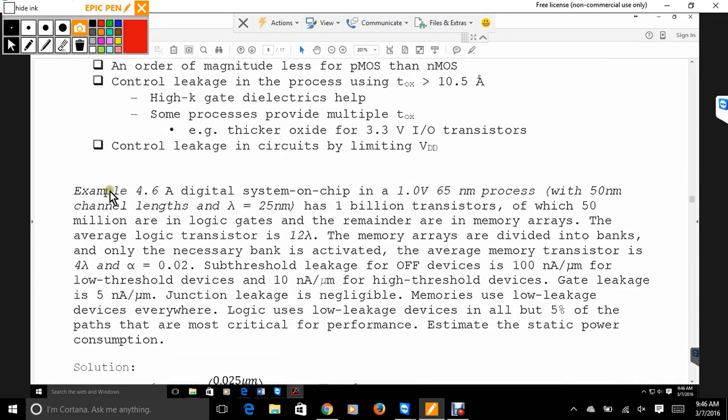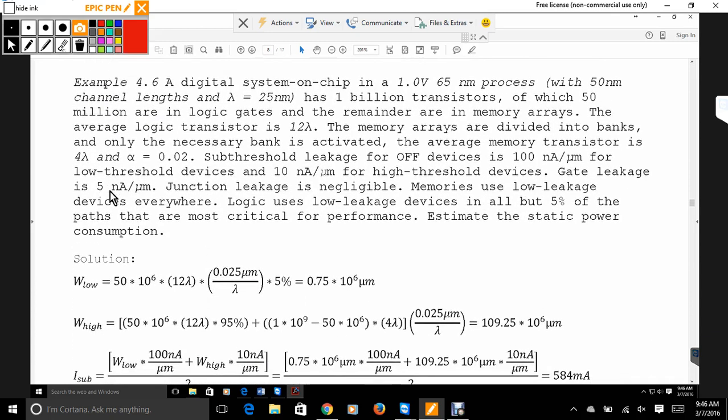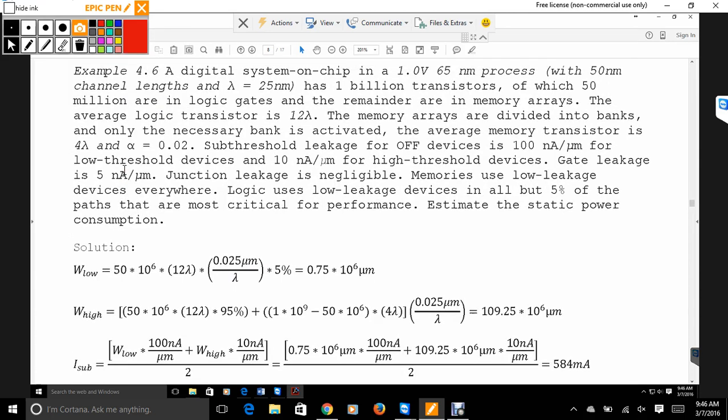So here we have a really big example question where we're going to tie in equations that you thought disappeared when we left section 3. They're back with a vengeance. This is building on an example question from before. You have a digital system on chip with a 1.0 volt 65 nanometer process. Remember, we have 50 nanometer channel lengths, and lambda is equal to 25 nanometers, right?